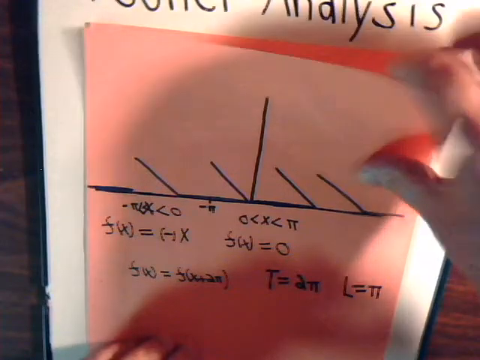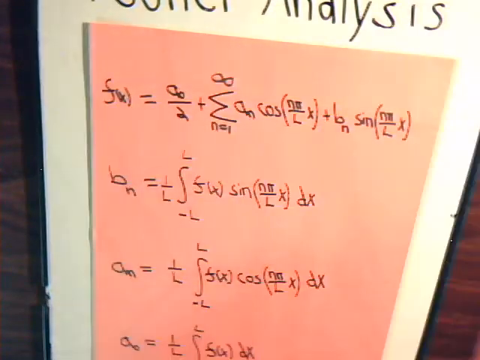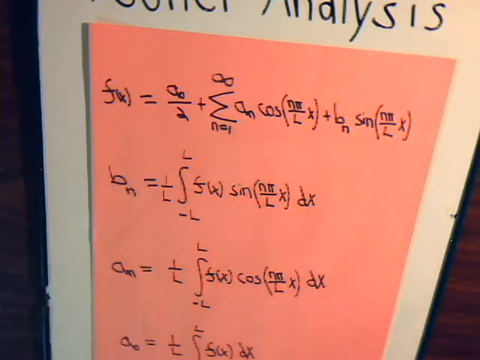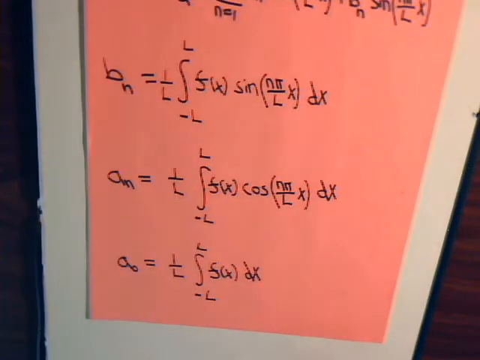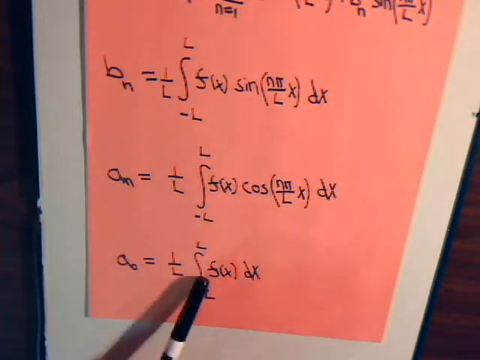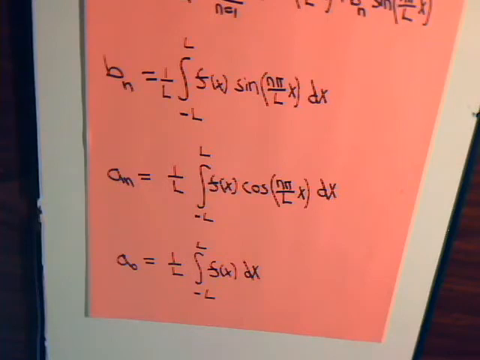So when we set our integrals up, we can just integrate from minus pi to 0. And a naught would just be 1 over pi, the integral from minus pi to 0 of minus x dx. Since a naught is the simplest one to determine, let's do that right now.